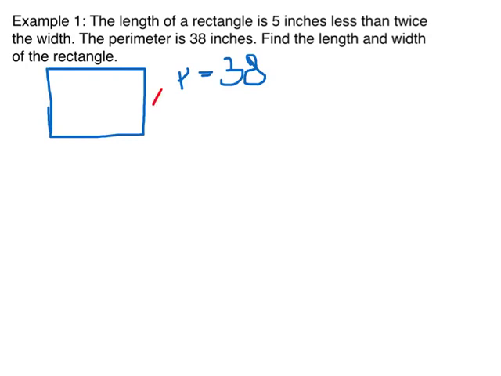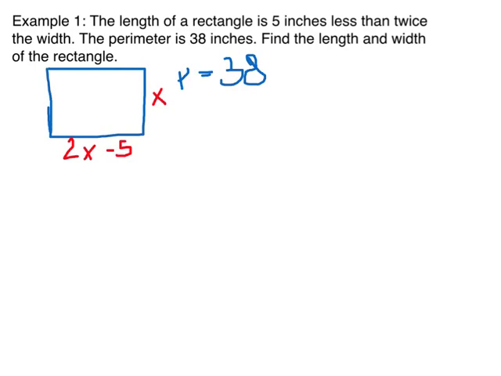So if we let the width be x, then the length is 5 less than twice that x. So we would have 2x, and it's 5 less than that 2x. That's all for step 2, just assigning the variable and then writing an expression with that variable, with the information we know.